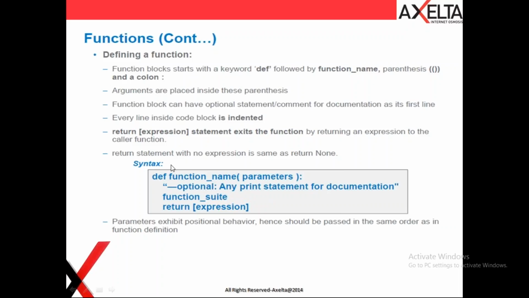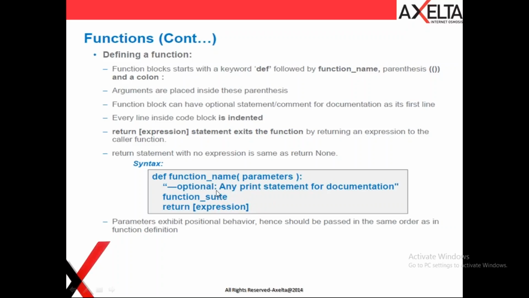If you see the syntax here: def, function name, parameters and colon. The colon indicates the end of the header, the end of the definition of the function. This is how we create functions, and all the statements in the suite of the function should have an equal number of indentations. Inside the code block all the statements are equally indented.